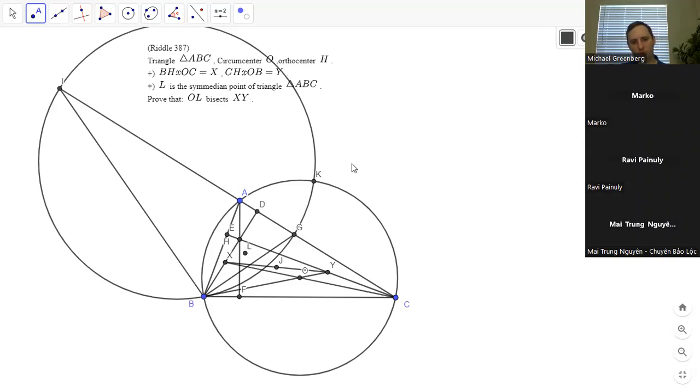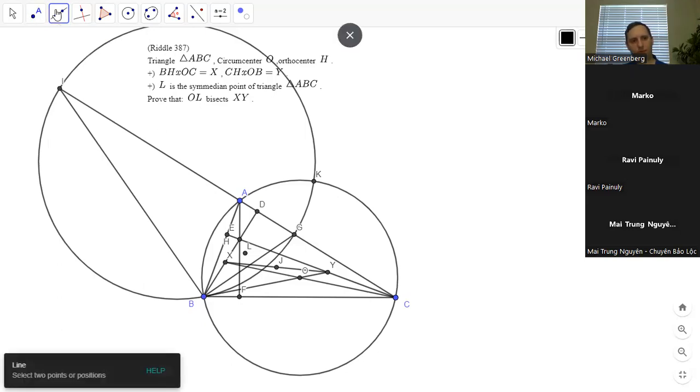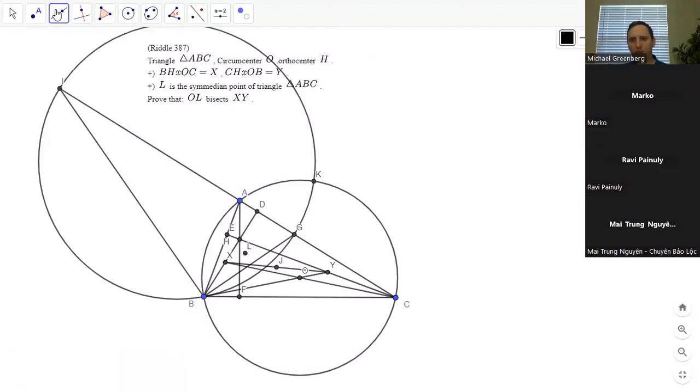Okay. So the midpoint of XY. Yeah, like every point on it satisfies that ratio.